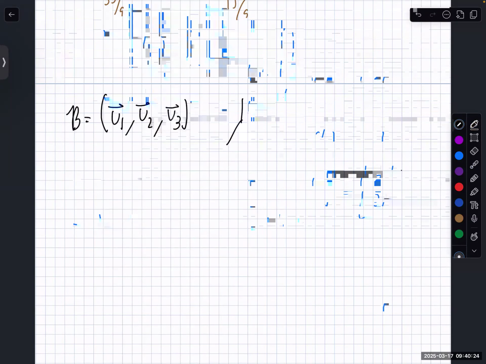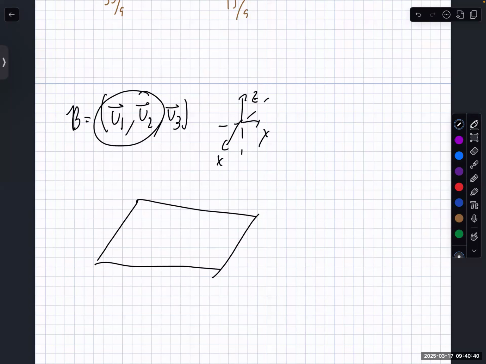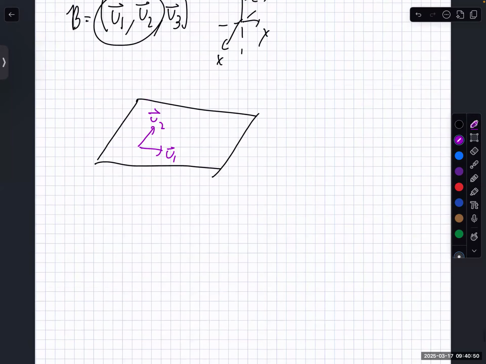So I'm thinking, I'm working in three-dimensional space. And if I just grab those first two vectors, I've got a coordinate system for a two-dimensional subspace, which is a plane.